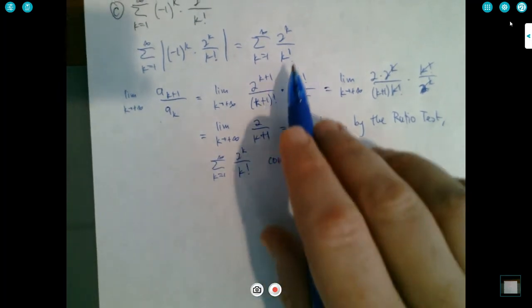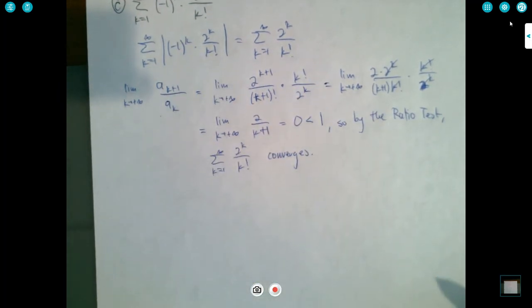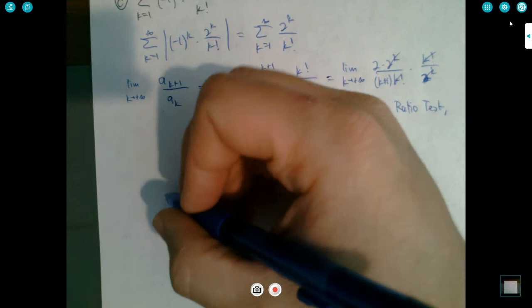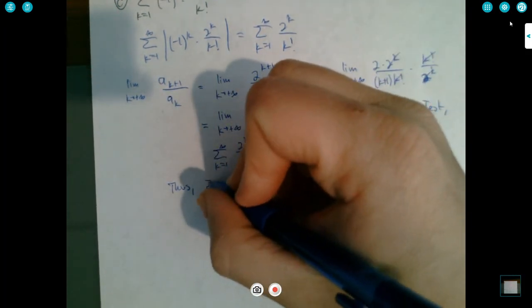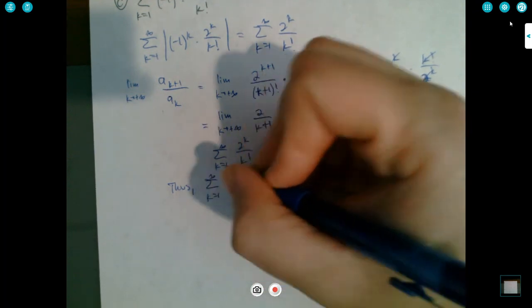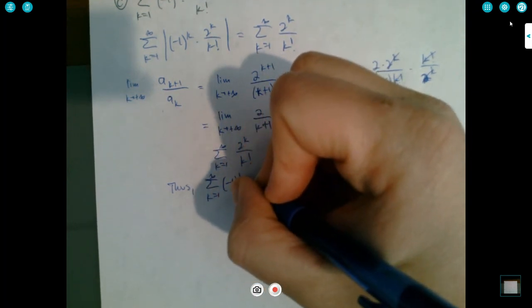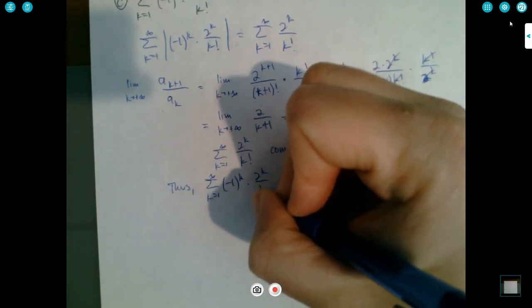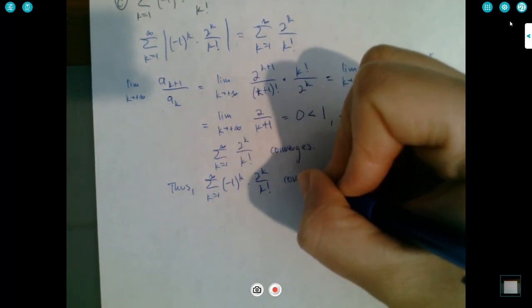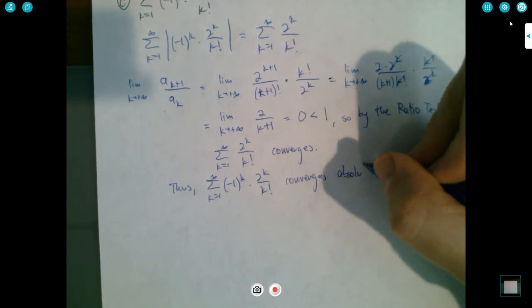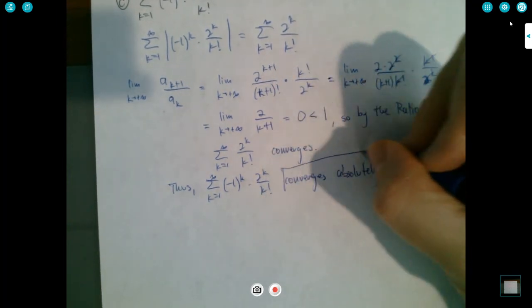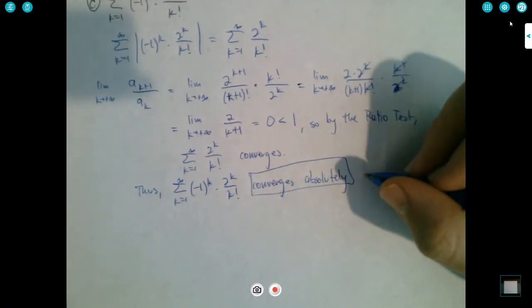Because if the absolute value converges, then the original series converges, right? So we can say, thus, the sum from k equals 1 to infinity of negative 1 to the k times 2 to the k over k factorial converges absolutely. And hence converges, right?